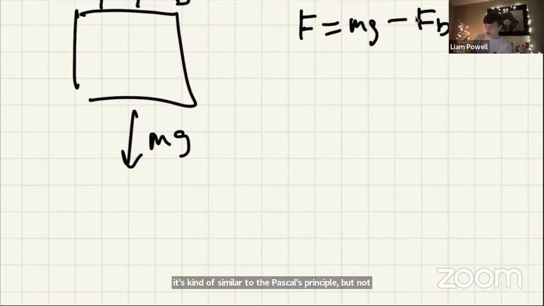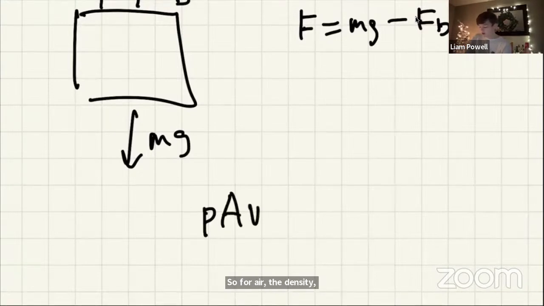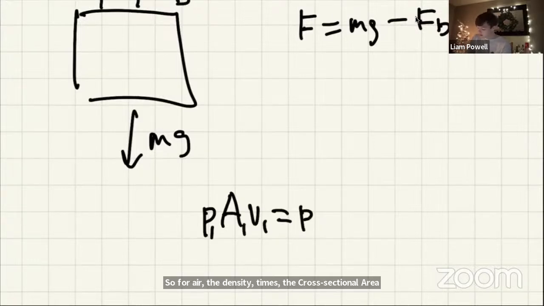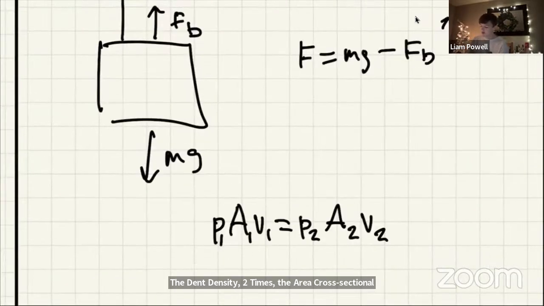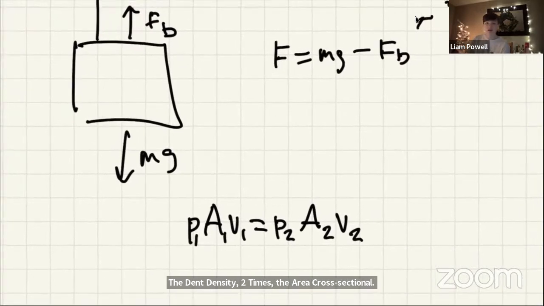It's saying that the density times the cross-sectional area times velocity 1 is equal to the density 2 times the cross-sectional area 2 times the velocity 2. That's for air because air is compressible. But for fluids, since they're not compressible, the density stays the same. So we would get area 1 times velocity 1 is equal to area 2 times velocity 2.